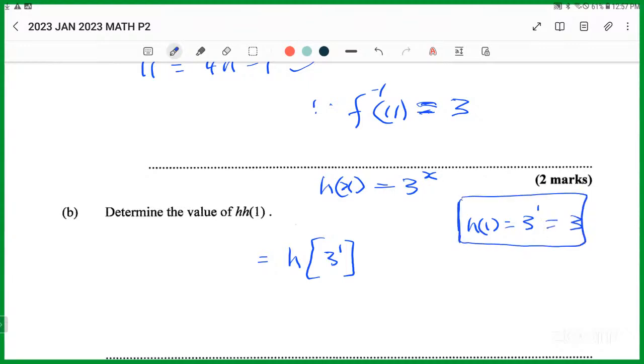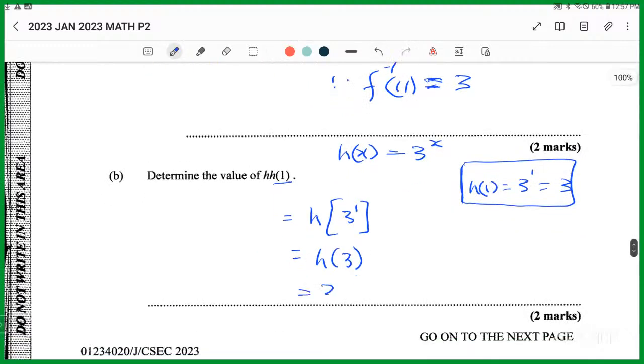So this h of 1 is inside here. So this now becomes h of 3. H of 3 means they put 3 inside here now. That now becomes 3 cubed. I put the 3 up here. 3 cubed is 27.